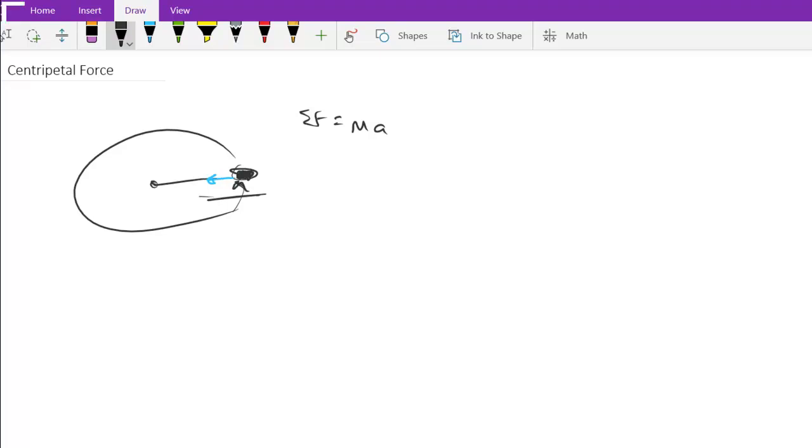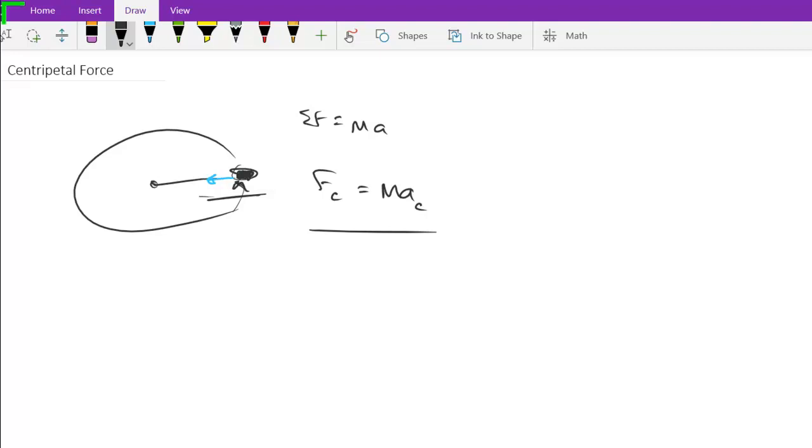Then what causes that centripetal acceleration is a centripetal force. So I'll say Fc, the centripetal force, is equal to the mass times the centripetal acceleration. Really, it's just F equals ma for a particular acceleration, so we have a particular force.